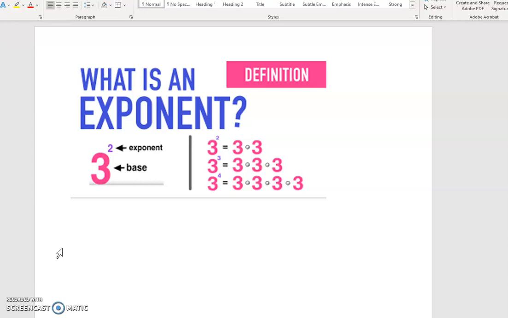So just as a reminder, an exponent is a way for us to show repeated multiplication. We show this with a base and a smaller written exponent raised higher to the base. So in this example here, 3 is the base, 2 is the exponent, and that would be expressed as 3 times 3.